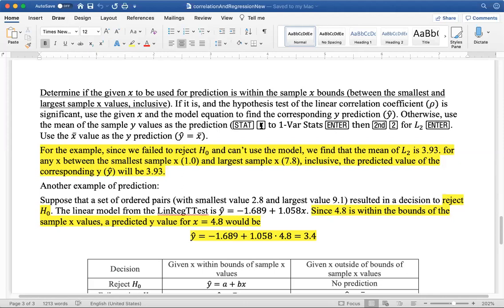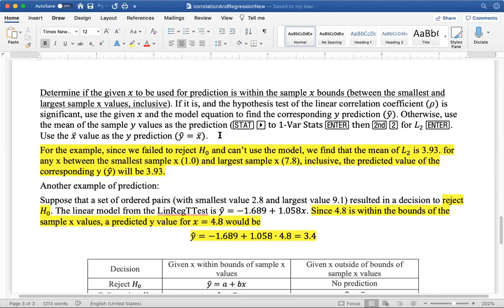Anyway, when you do stat, right arrow to CALC and hit enter, that gets you to 1-Var Stats. Tell it second L2, and then hit enter, and then look for the x-bar in the 1-Var Stats output.